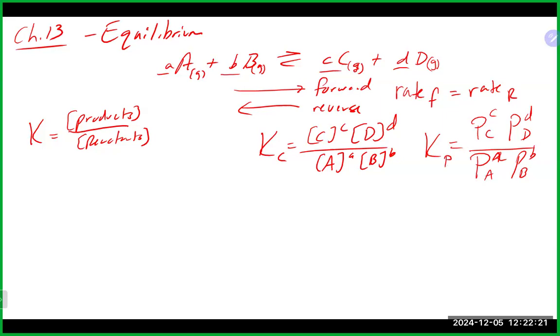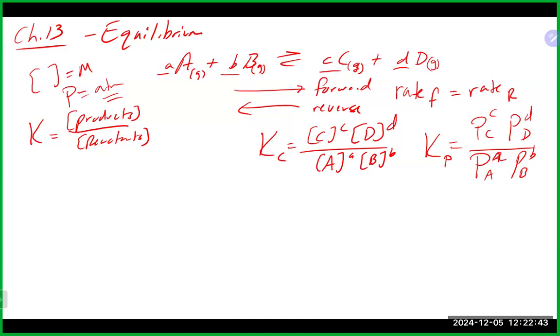This is known as Kp. Typically speaking, concentrations in equilibrium situations should be molarity. And if you're dealing with pressure, especially if we're going to do ICE tables later, they should be in atmospheres, typically, is the units that we use.